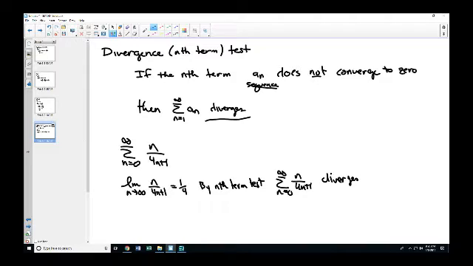It just doesn't show convergence, but it is a nice thing to have in your hip pocket. Questions?